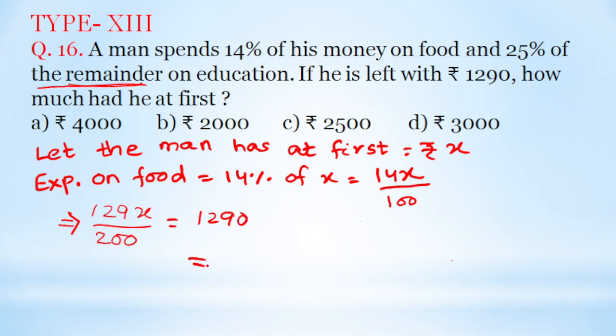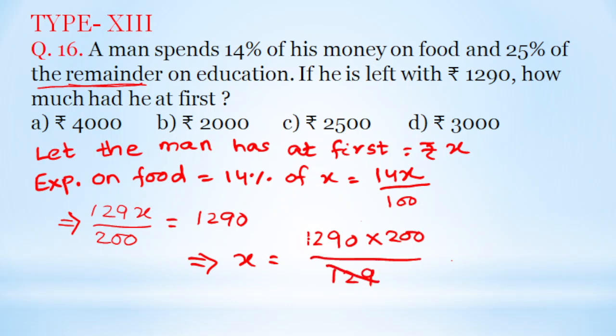Then after solving, we are getting x is equal to 1290 into 200 divided by 129. After cancelling it is 10. So 10 into 200 is equal to 2000. That means option B is the right answer.